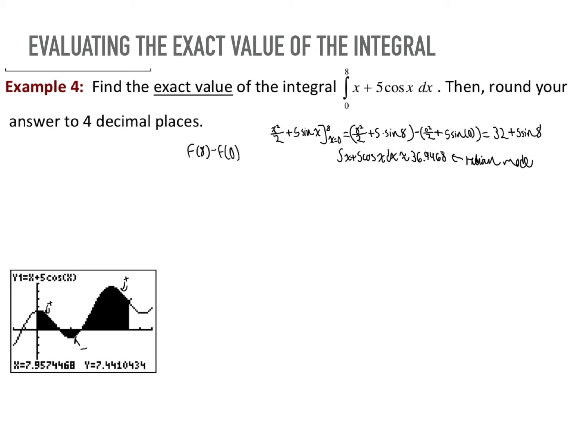So for the next example, we'll find the exact value of the integral from 0 to 8 of x plus 5 cosine x dx. We're going to use the fundamental theorem of calculus part 2, where we'll plug in f of 8 minus f of 0, the antiderivatives.